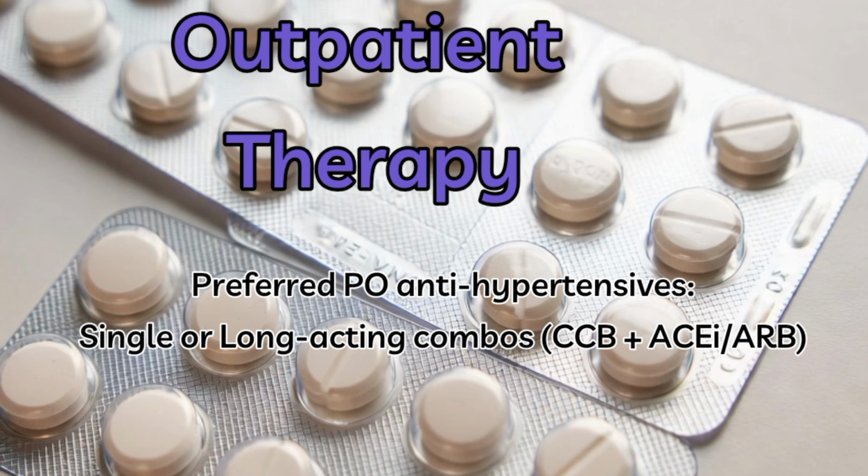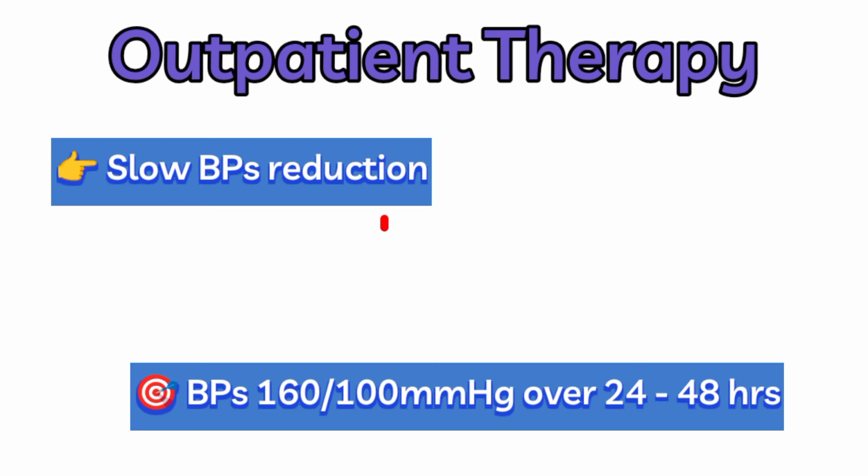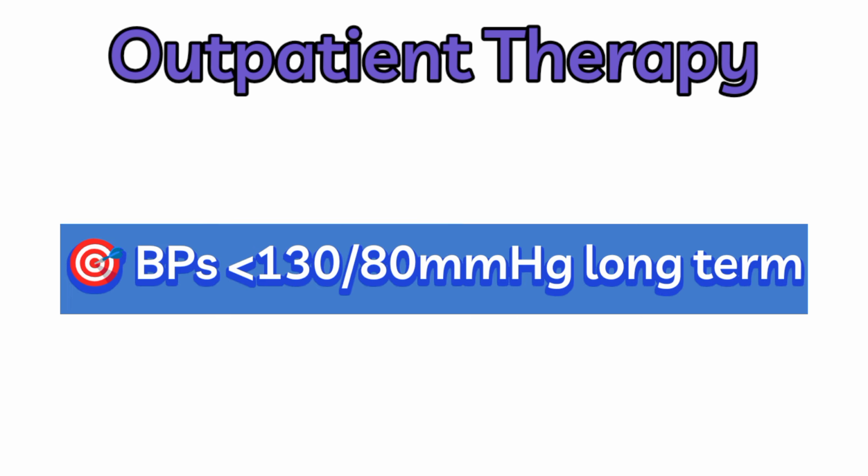Manage as outpatient therapy using oral antihypertensives by up-titrating existing medications or starting or restarting the patient on oral antihypertensives, especially for those who are non-adherent. The aim is for slow, safe, and sustainable control below 160 over 100 millimeters of mercury over days. Then target less than 130 over 80 millimeters of mercury blood pressures in the long term.